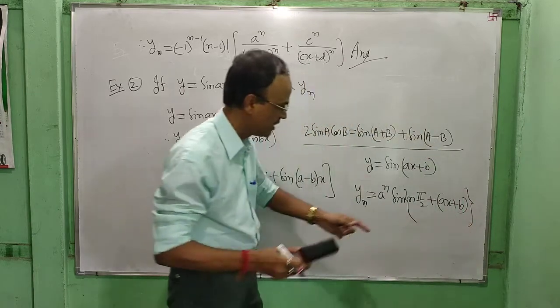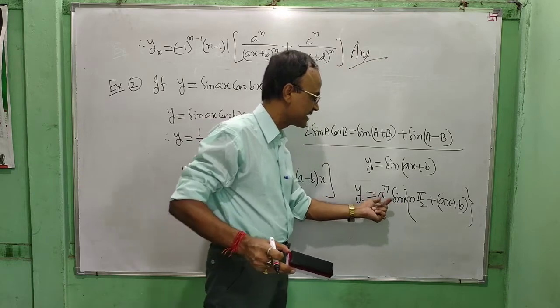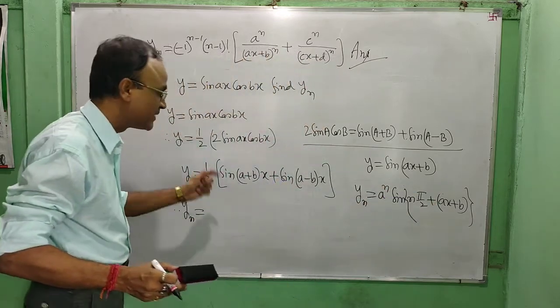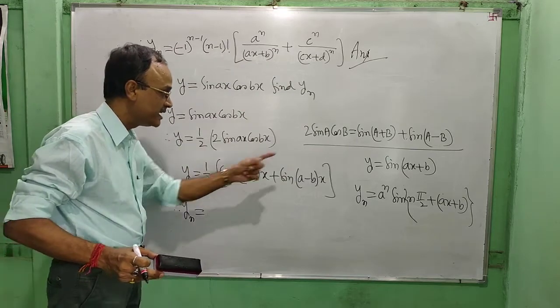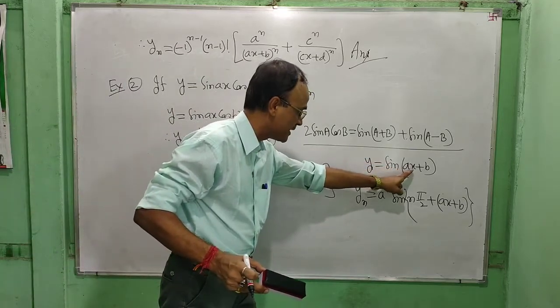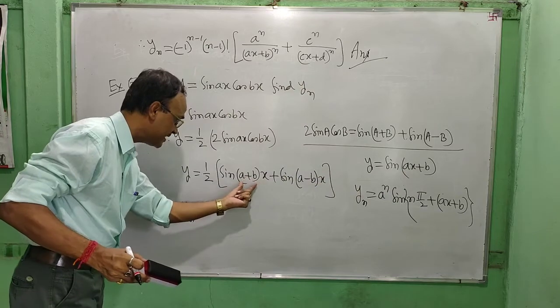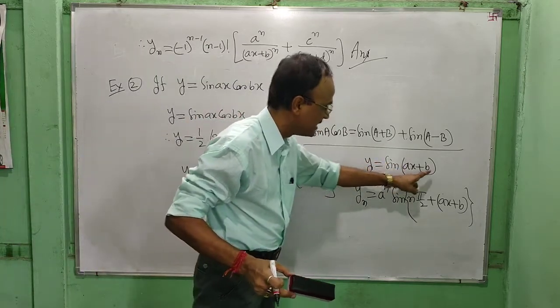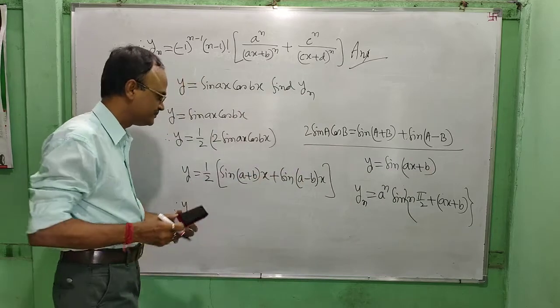In the last class we derived this one: a to the power n sin of n times pi by 2 plus ax plus b. Here the coefficient of x is a. Here the coefficient of x is a plus b, and for b it is 0.